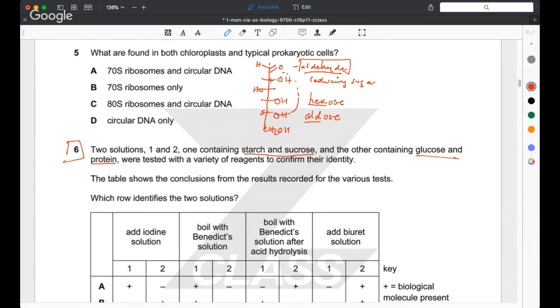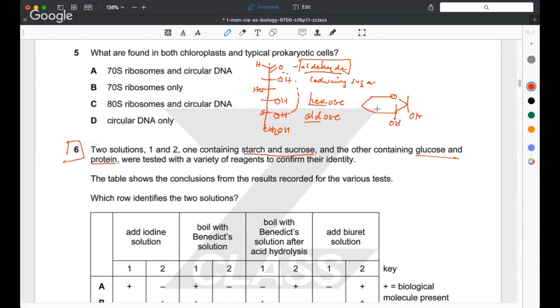And that open chain form is not the predominant form in solution. The predominant form is the cyclic form, like that. And for alpha glucose, you've got this arrangement. Excuse my drawing.